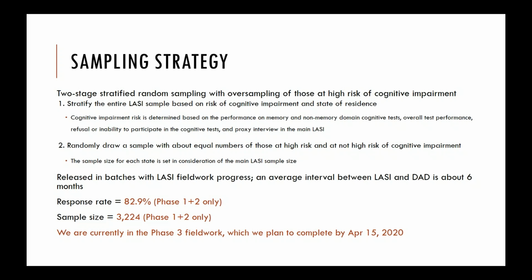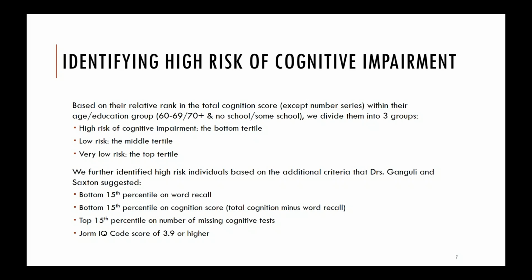And then we randomly drew the sample with about equal numbers of high risk and low risk of cognitive impairment. Our response rate is about 83%, and the first 2 phases of the sample is about 3,200. So how do we determine the cognitive impairment risk? That's based upon the cognitive test performance during the main LASI study.